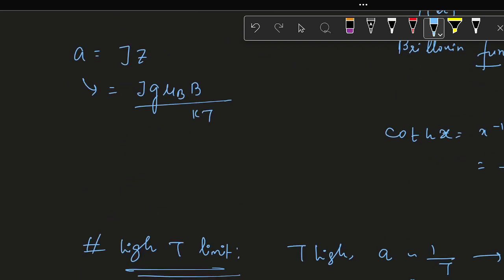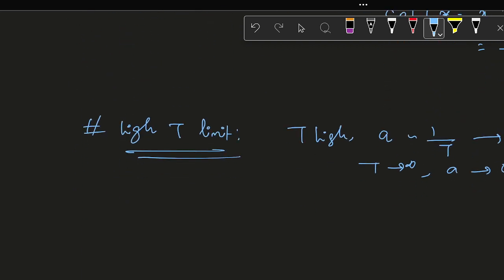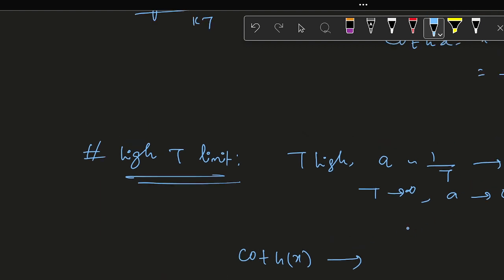So in the coth argument you have a, which goes to 0 under the high temperature limit. Then you can ignore all the higher order terms, and just write up to the second order.